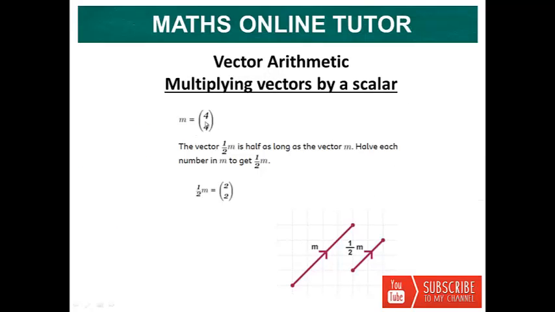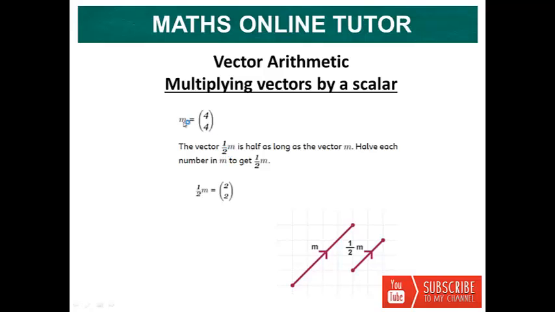Okay, let's do another example. I have the column vector for vector m. It has an X translation of 4 and a Y translation of 4. So both numbers are positive, therefore the X translation is 4 in the positive X direction and the Y translation is positive 4 in the positive Y direction. I have to find out the half m vector. So half is the scalar applied to m. So the column vector m is multiplied by half.